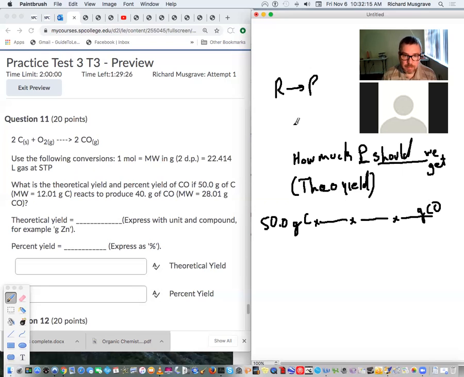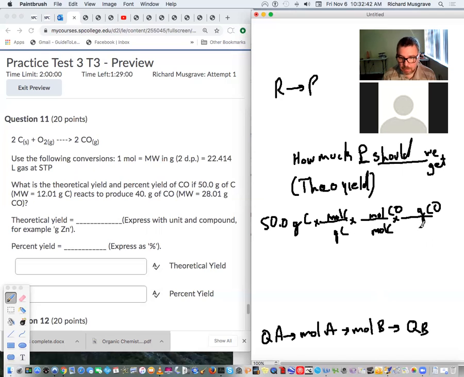I'm still using my modified flow chart, which I'll put down at the bottom here. So this would be moles of C on top and moles of CO. And then moles of C will go on the bottom here, grams of C will go on the bottom here, and then moles of CO will go over here on the bottom.